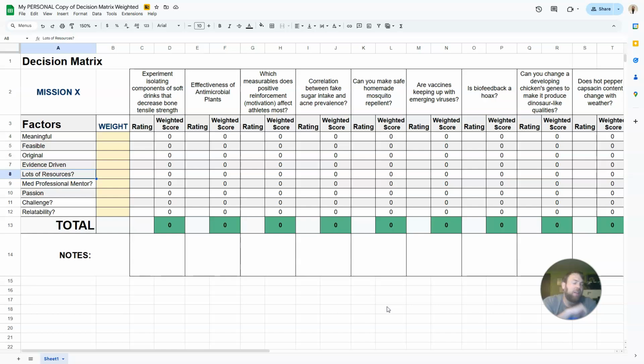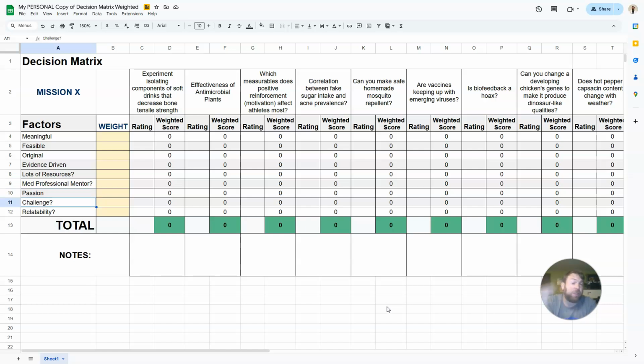Maybe you care if there are lots of resources available for you to understand the topic more, or maybe you don't want to do so much reading. Is there a potential for someone to have a mentorship with a medical professional or even job shadowing? Or are you just going to be working with me? Sorry. Are you really actually passionate about the topic, or is it just meaningful to the broader biomedical science culture? Is it a challenge for you?